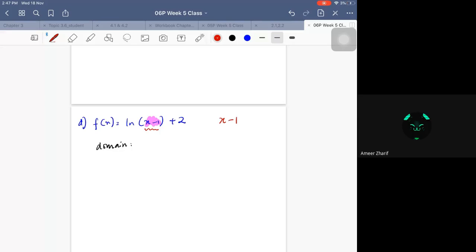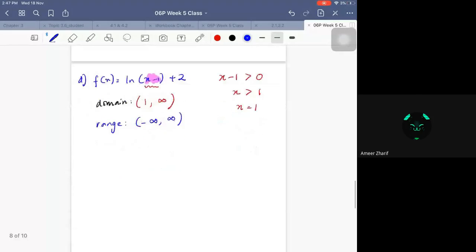The function in the bracket must be greater than 0, so x must be greater than 1. And we're going to have an asymptote at x equals 1. So the domain is going to be from 1 until infinity. The range is going to be the same as before, still from negative infinity until infinity. The restriction is only going to be on the domain, but the range is always from negative infinity until infinity.